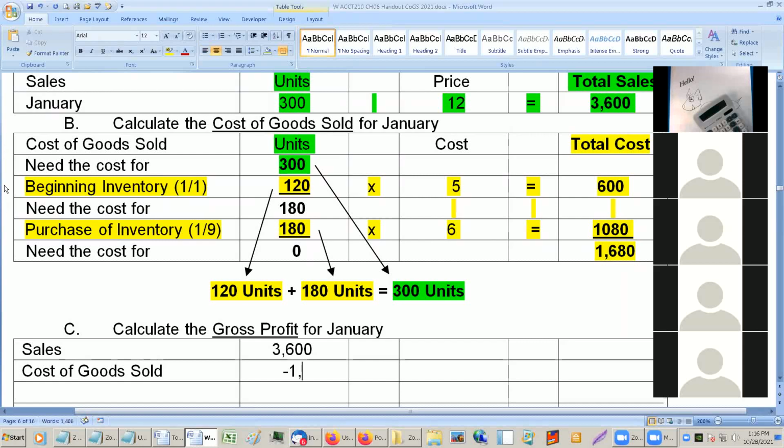Now the 1680, those are goods that left the place. These are no longer in the building. Gross profit is some number. 1920.